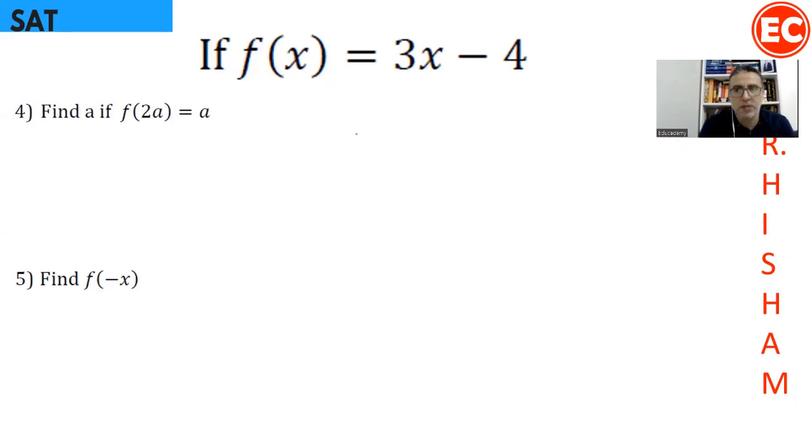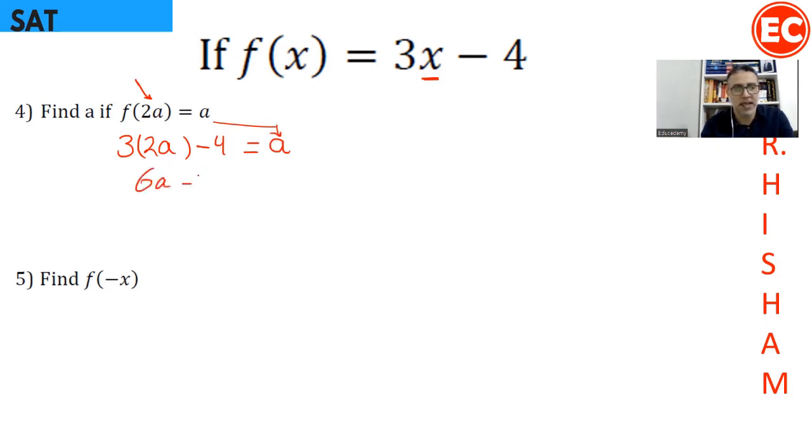Another different question. F of x is equal to 3x minus 4, and I am looking for the value of a such that when I'm replacing x with 2a, the answer is a. So I'm going to replace x here with 2a, and I will make the answer equal to a. Look at the order in which I wrote it.